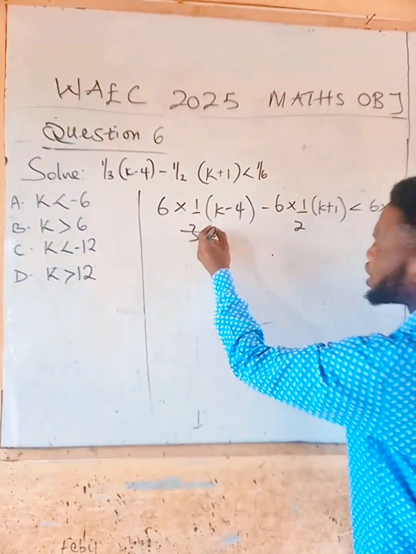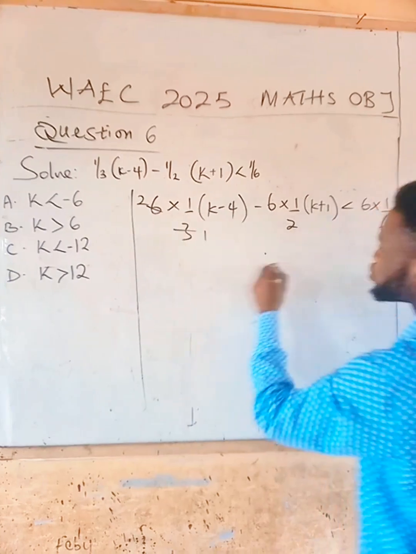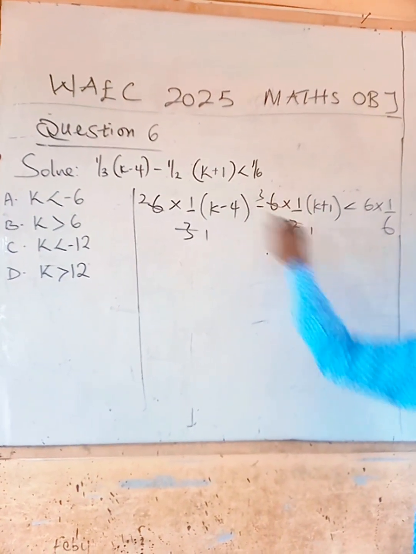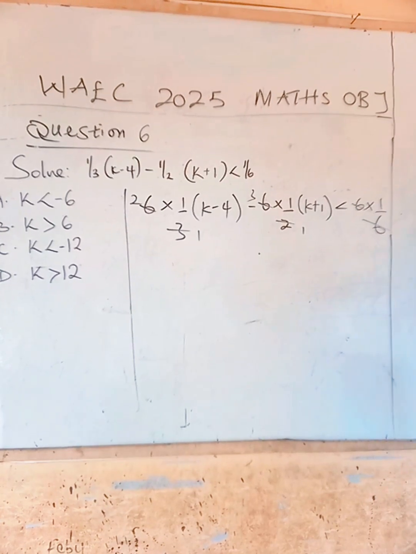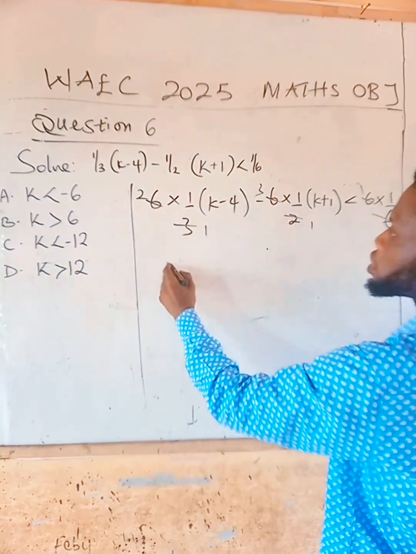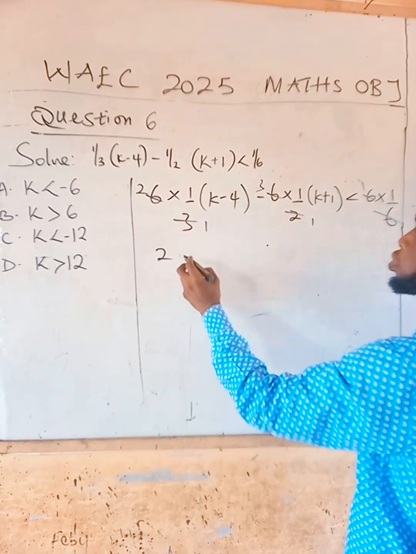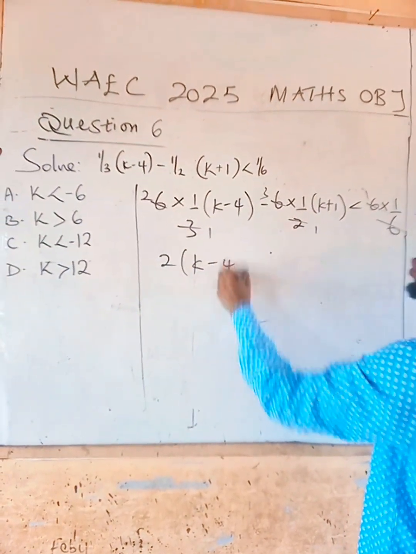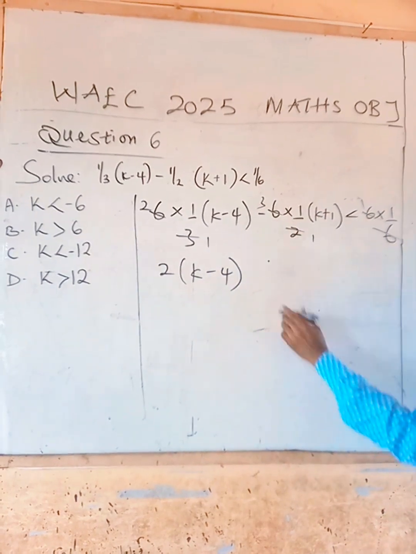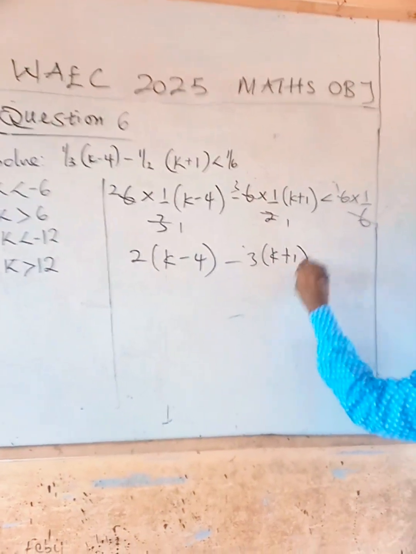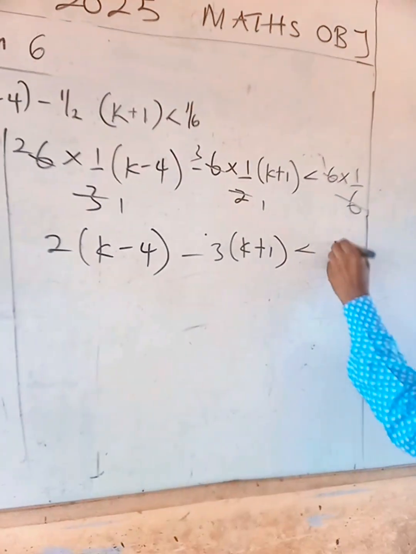So 3 here 1, 3 here is 2, 2 here 1, 2 here is 3. So 6 cancel 6. You are left with 6 here 1, 6 here 1. So you are left with 2. 2 times 1 is 2. So you are left with 2 open bracket k minus 4. 3 times 1 is 3. So you are left with minus 3 open bracket k plus 1 is less than 1 times 1 is 1.